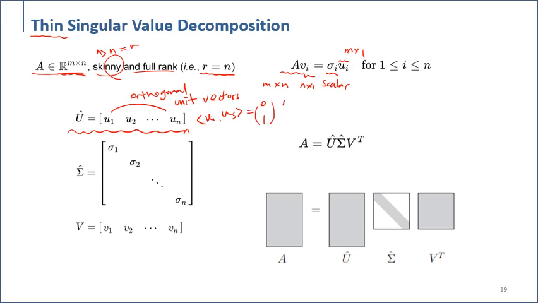When i is not the same as j, it would be 0, and when i is equal to j, then its inner product would be 1. Sigma has only diagonal terms with our singular values, and V also consists of orthogonal unit vectors.